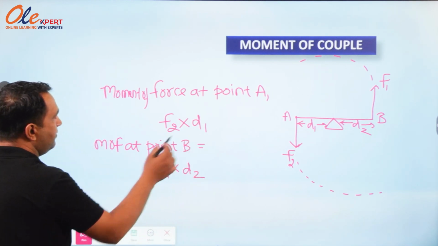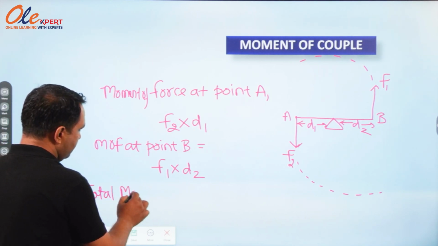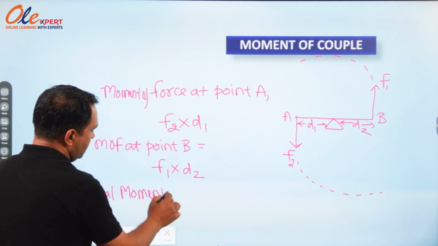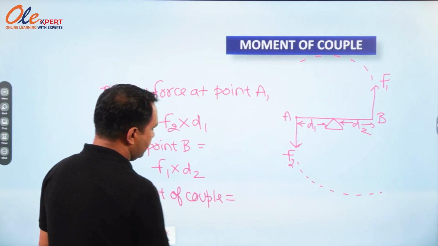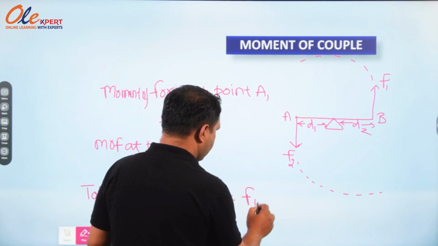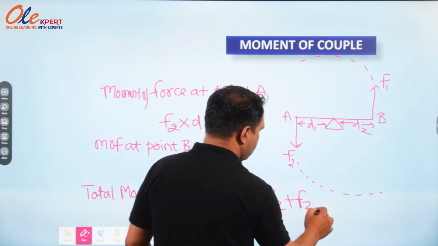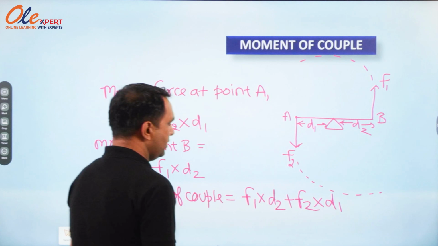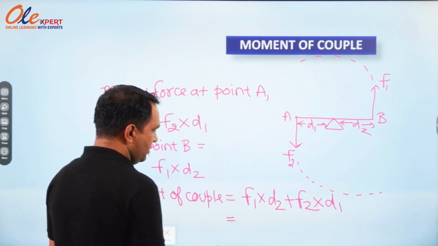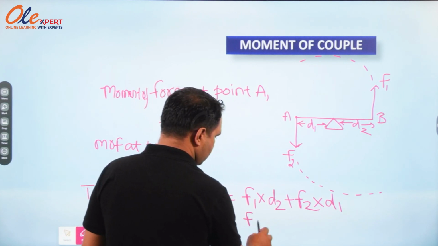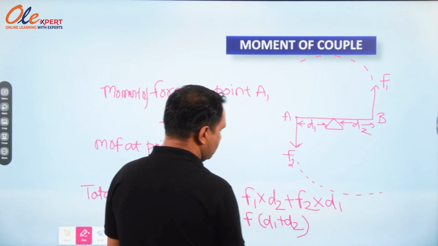So the total moment of couple is equal to F1 into D2 plus F2 into D1, right? If F1 and F2 are equal in magnitude, then F into (D1 plus D2), right?